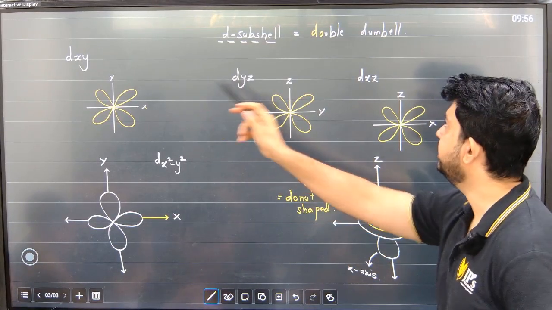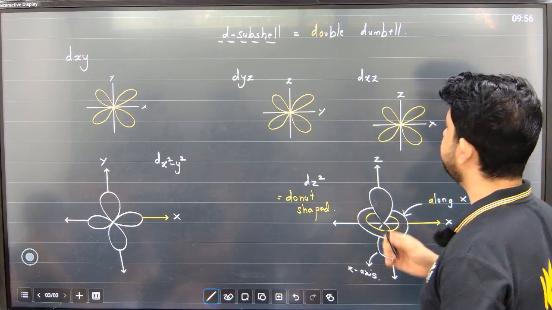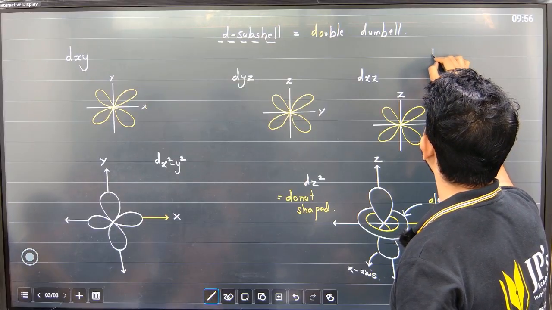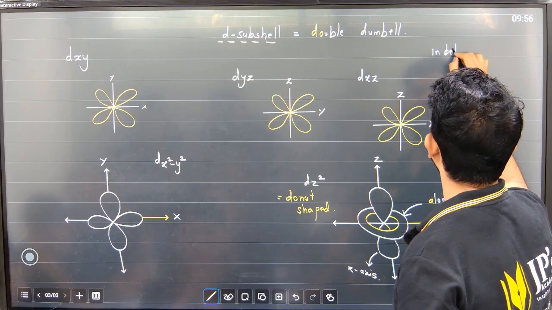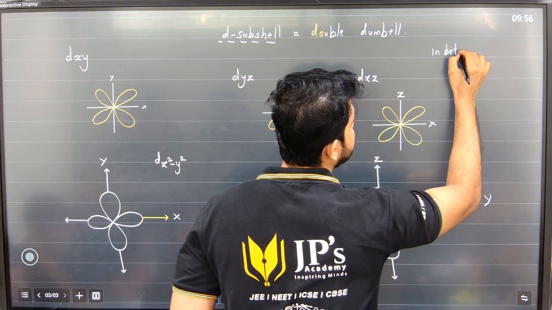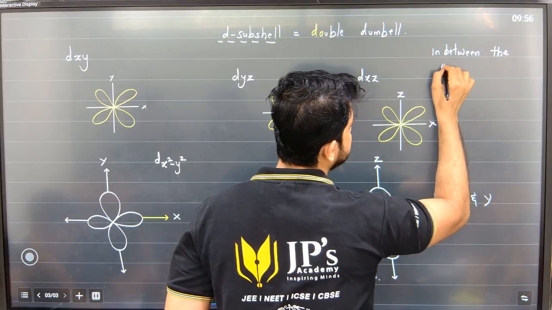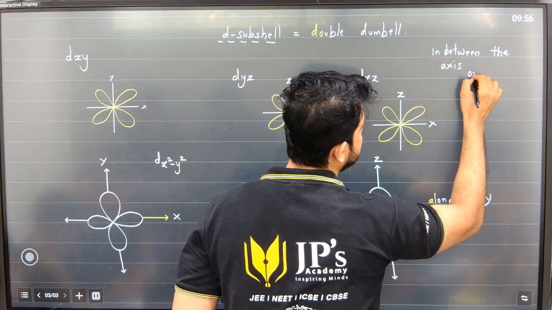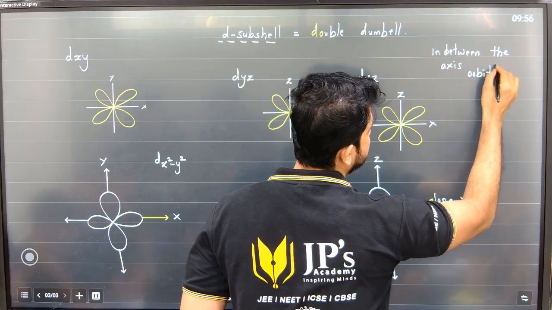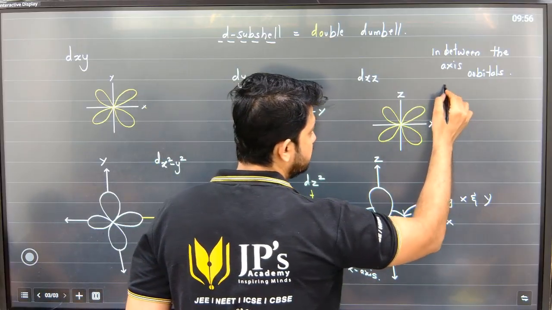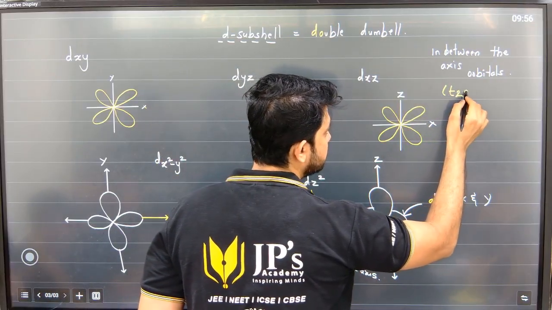The upper three, dxy, dyz and dxz, are known as in between the axis orbitals. Remember one more name, which will be required in 12th standard.